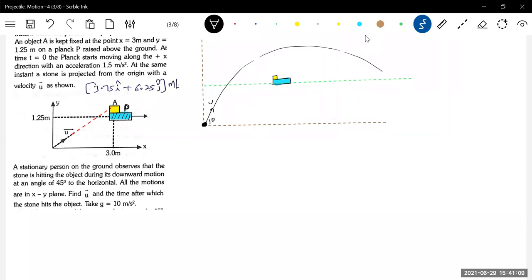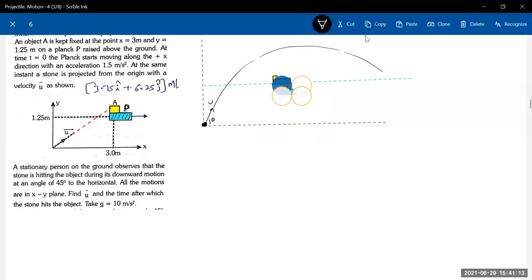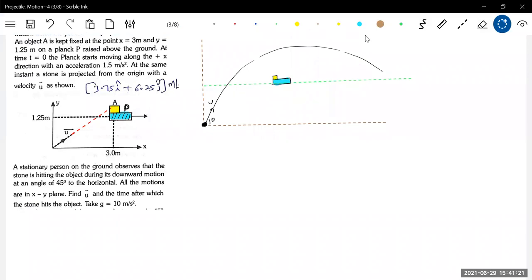So when this same plank is available here, better to draw it. I'll draw it. Okay, here is that particular plank.